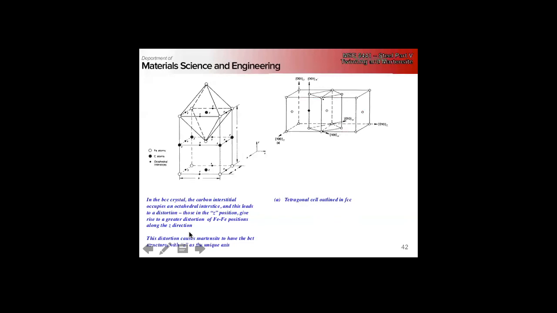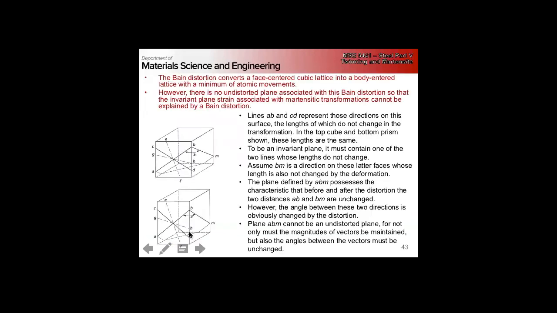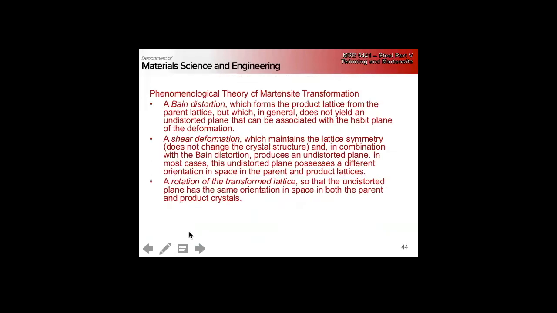There's pretty clear evidence. The Bain transformation doesn't leave you an invariant plane, so there's nothing in the structure of an ideal Bain correspondence that fits the definition of a habit plane, right?